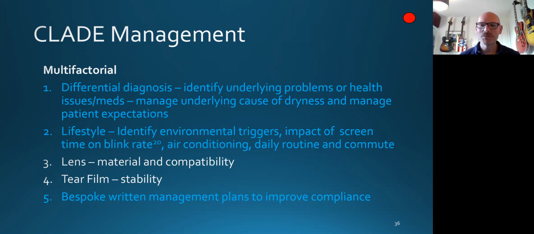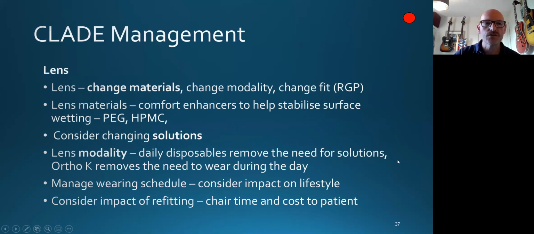Lifestyle is not normal at the moment, and therefore potentially some of your existing wearers are going to be more likely to be suffering from dryness related to screen use and reduced blink rate. Lens material, we can't do anything about that at the moment. Tear film stability, we can't check. And then finally, written guidance to help improve compliance is very important.